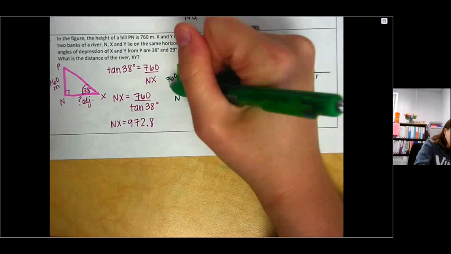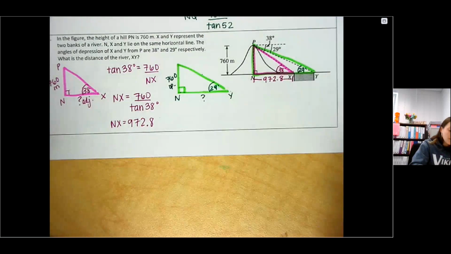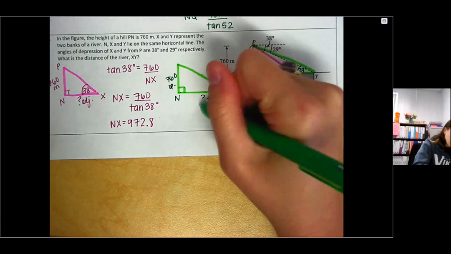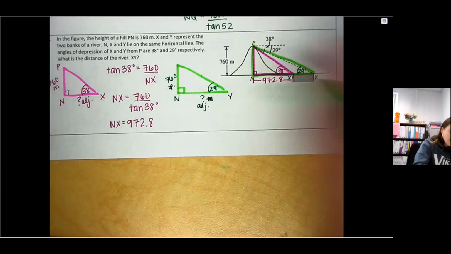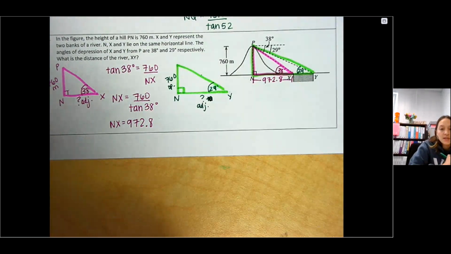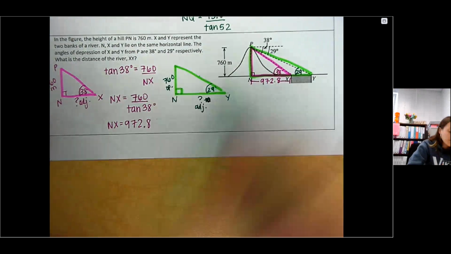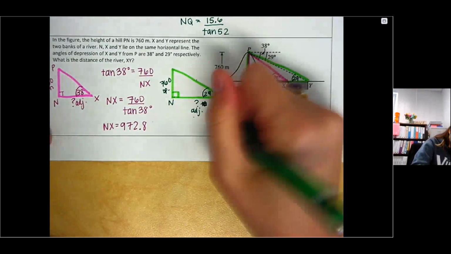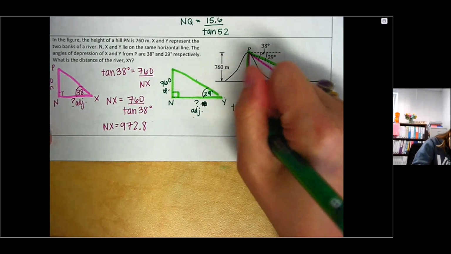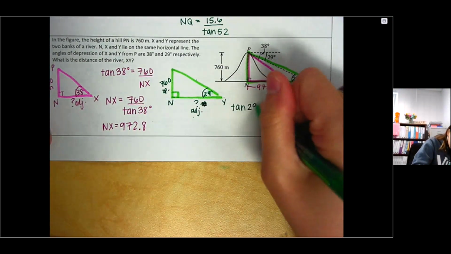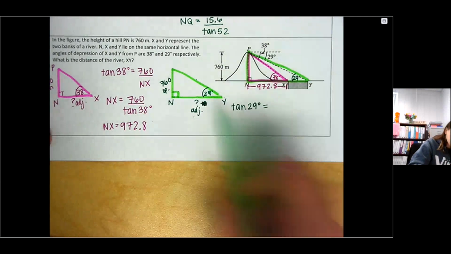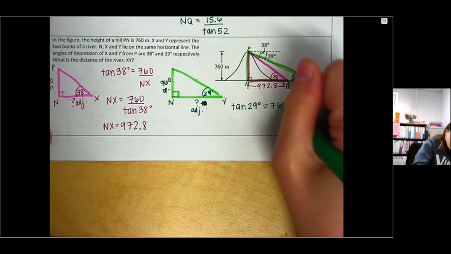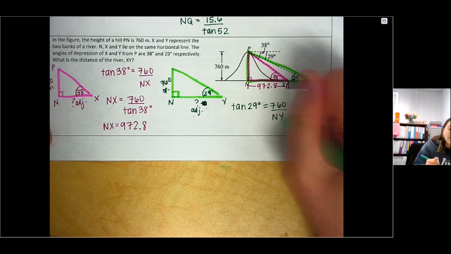Across from the 29 is the 760, which is my opposite. And next to it is my adjacent, which is next to the 29, the side I'm looking for. So opposite and adjacent, again, is going to use a tangent. So tan of 29 degrees equals opposite over adjacent, so 760 over NY.